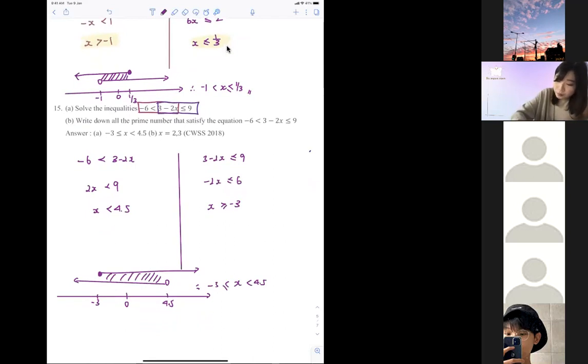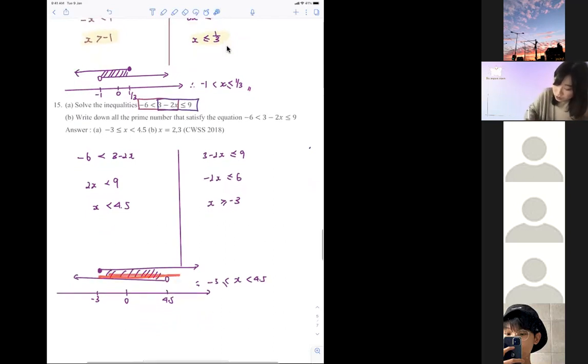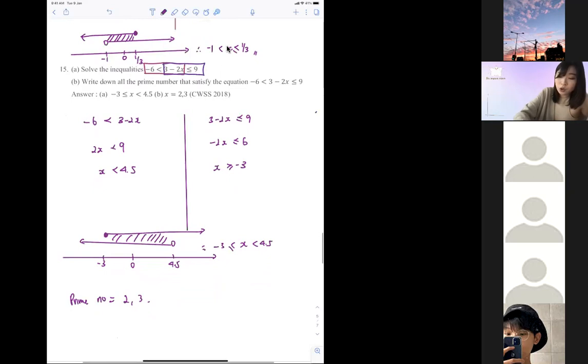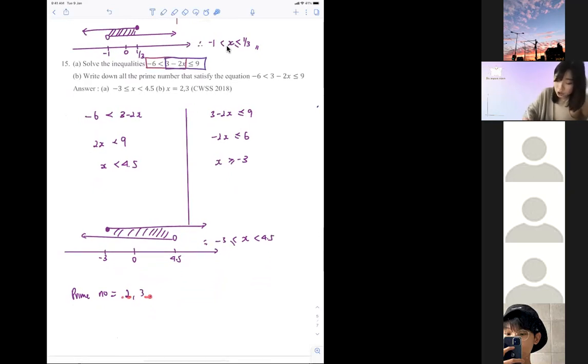Okay, so if you want all the prime numbers from here to here, this is your solution slowly. Okay, prime numbers must be positive. So don't have to look at here already. Then from 0 to 4.5, your prime numbers are 2 and 3. Okay, 2 and 3 are your only prime numbers that are consecutive. Usually prime numbers are odd numbers.